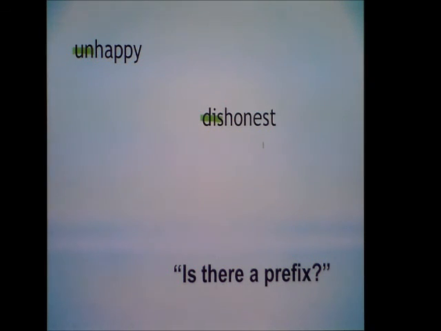So you have dishonest. Note that the prefixes un and dis both mean not. So if you add un to happy, you make an opposite. And adding dis to honest also makes an opposite.